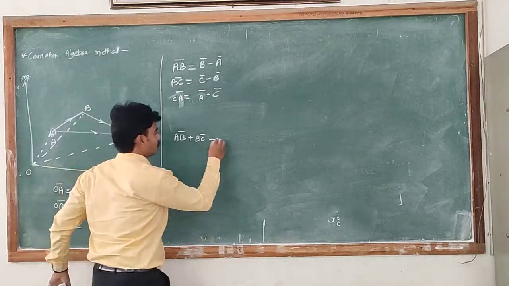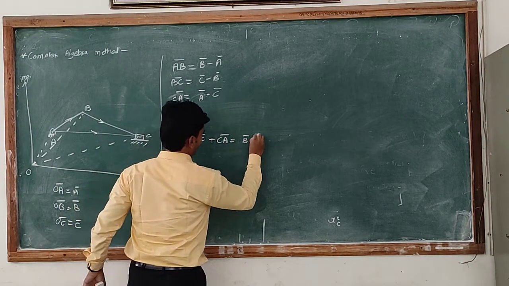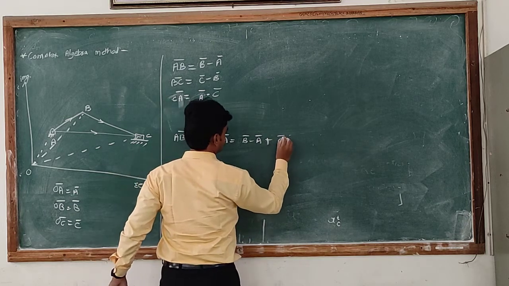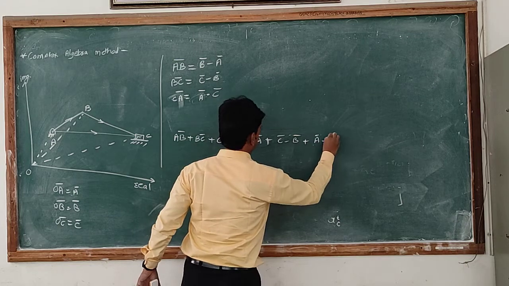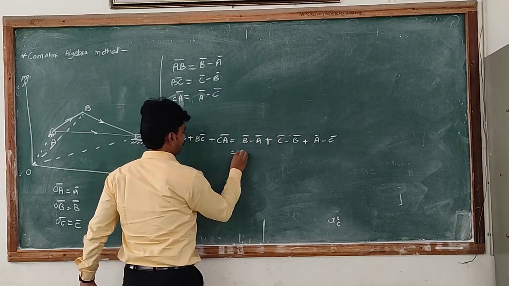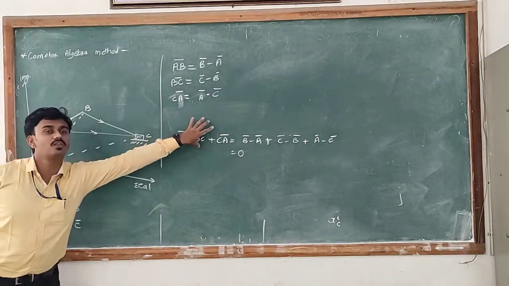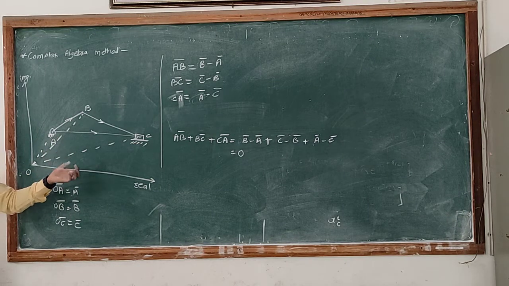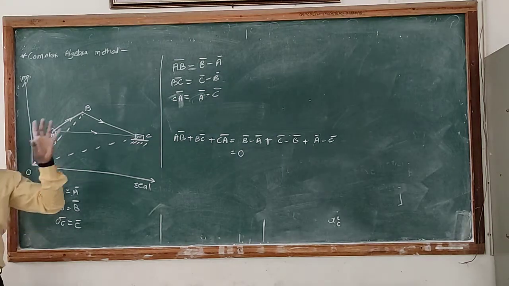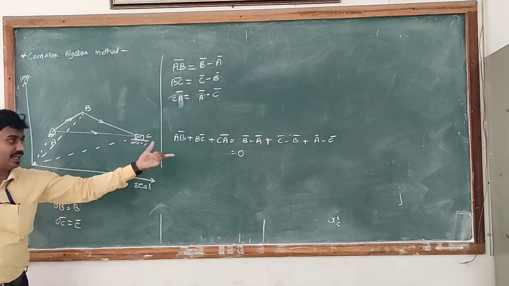Therefore, B bar minus A bar plus C bar minus B bar plus A bar minus C bar is equal to 0. The summation of all these vectors is equal to 0, and this is how the slider crank mechanism can be represented using the complex algebra method.